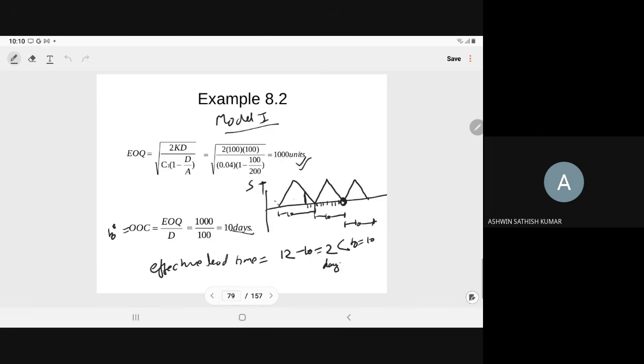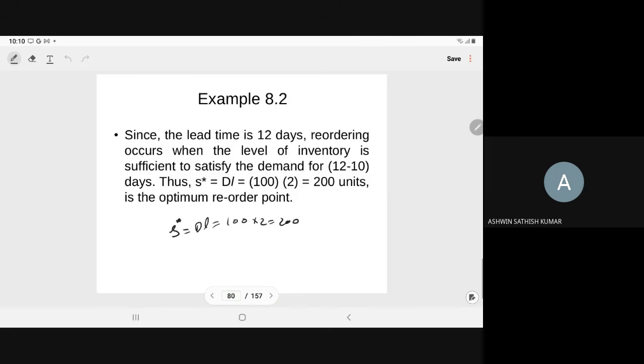So when we have the level of 200 items, in these 2 days we can fulfill the demand of 200 items. So when the inventory level is at 200, at that time we should reorder. So that is the s star.